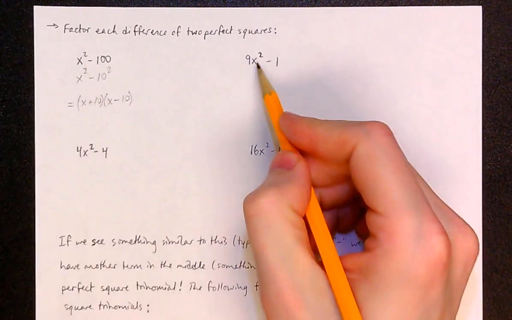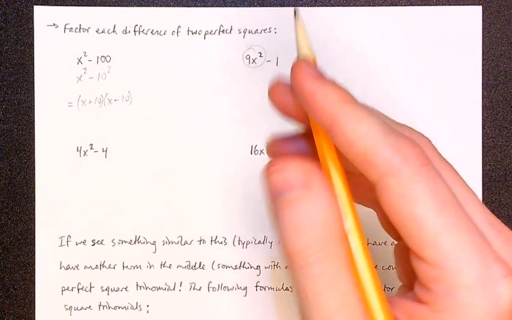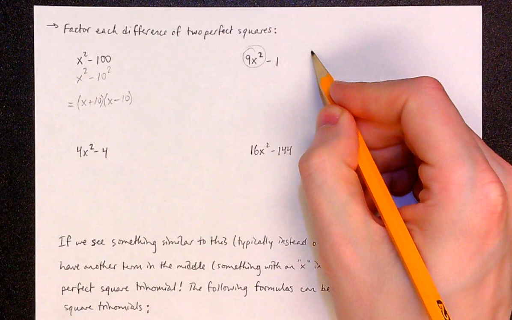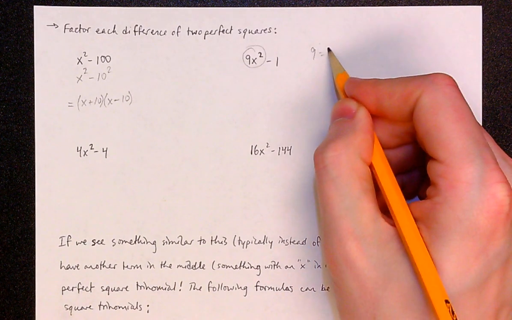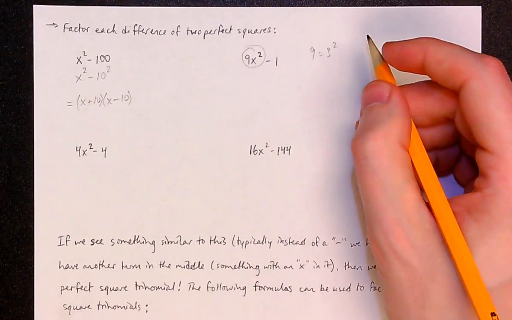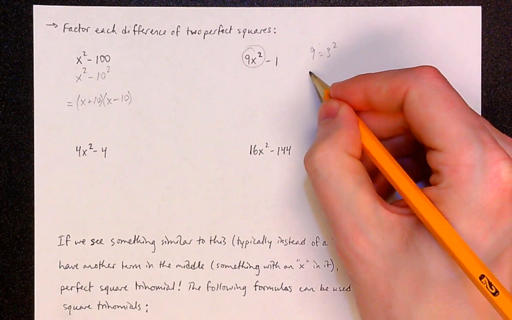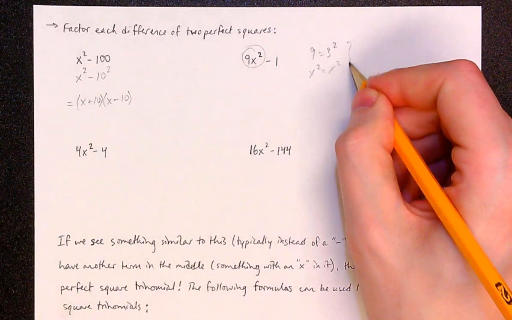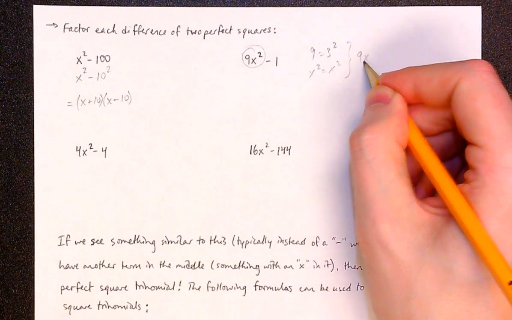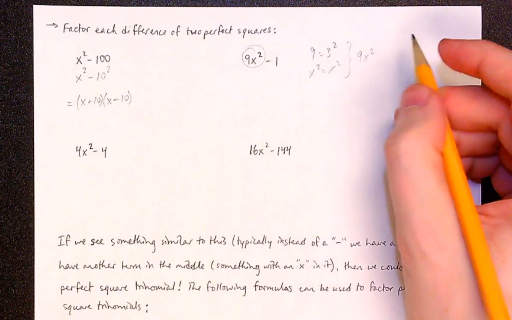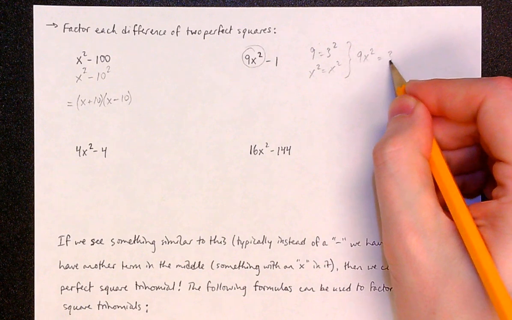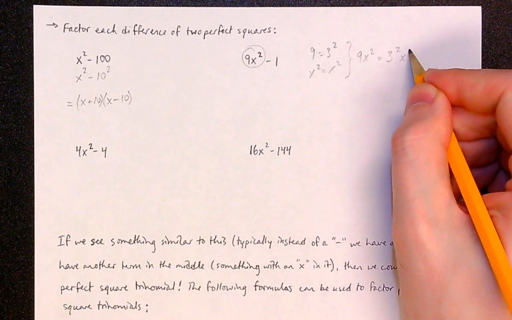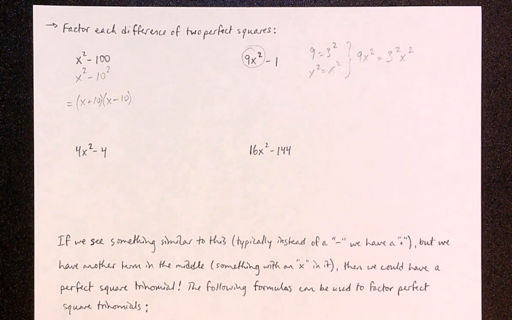If I look at the 9x squared here, well, 9 we know is 3 squared, and x squared is obviously x squared. So 9x squared equals 3 squared times x squared.